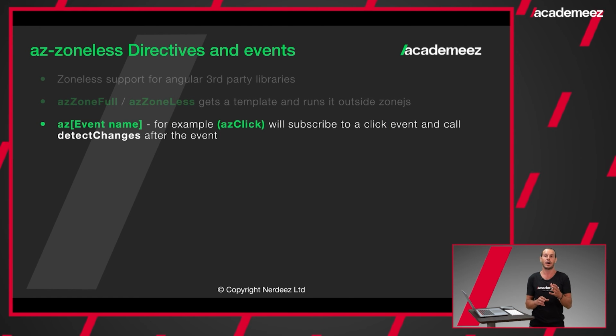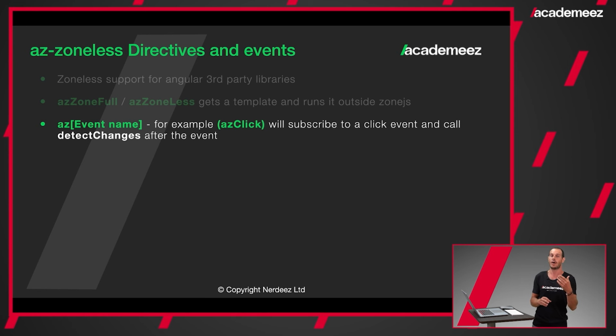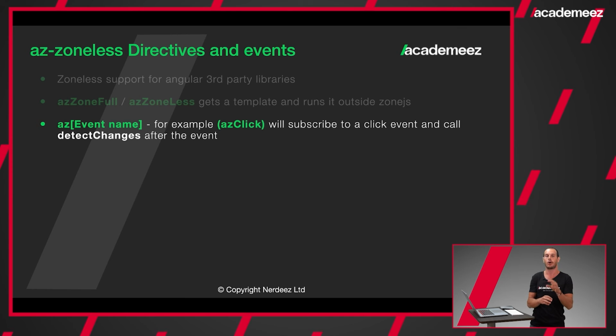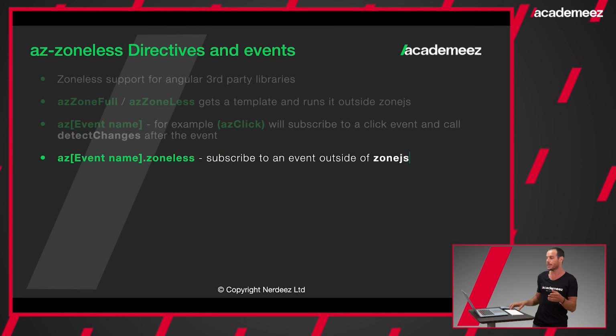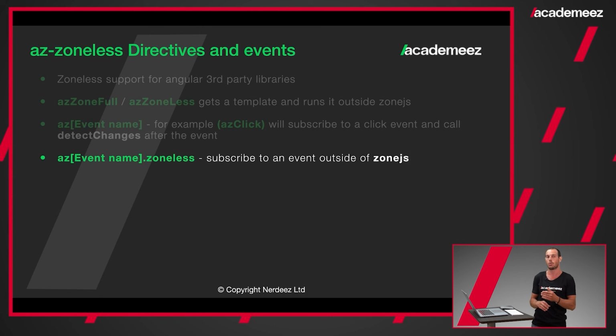We also have special events that are prefixed with AZ. Those events have a better performance. They only cause change detection on the component by calling detect changes. So now we don't have the event causing change detection from top to the component. It can cause only our component to trigger change detection and not from top to bottom. So we have those performance events, and we also have, we didn't cover those, a zoneless event.